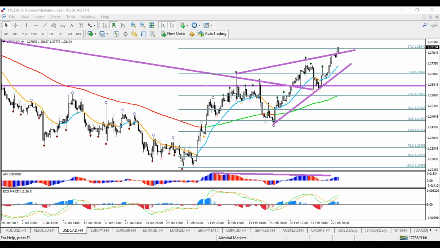Let's see. There are two scenarios. Wave 4 is over and wave 5 will begin. Otherwise, the correction is not over.